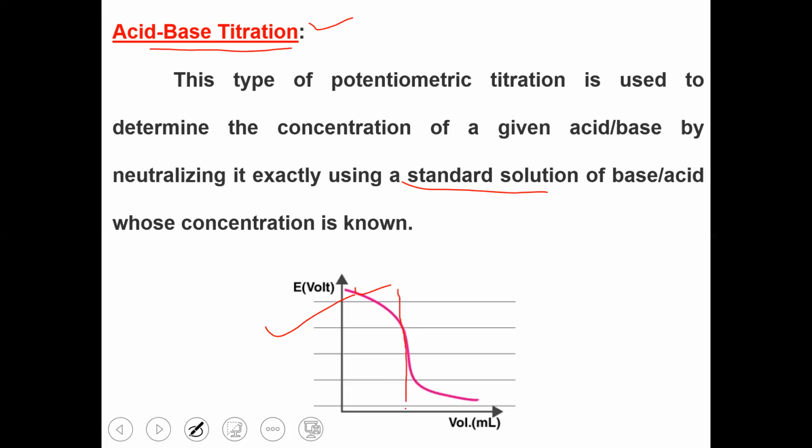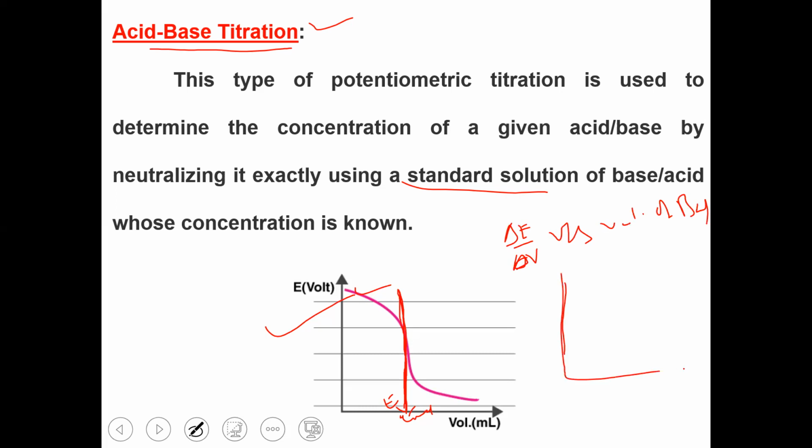By using this graph, this is the slope. So this indicates the end point or equivalence point. If you want a sharp end point, then you can draw the graph between delta E by delta V versus volume of base.